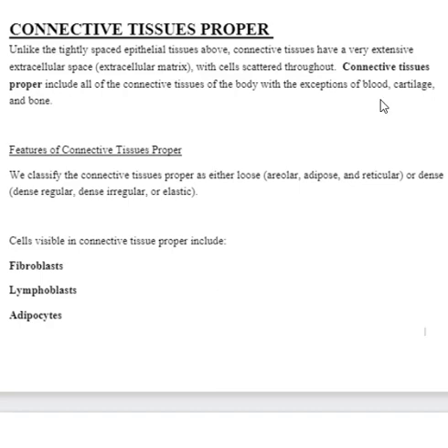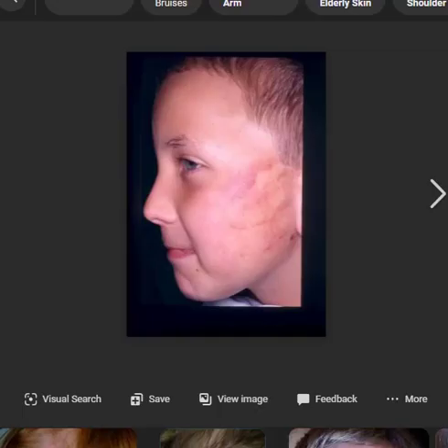So connective tissue is going to be blood, it's going to be cartilage, bone, your fat cells, mast cells. We're going to find out about what mast cells do, white blood cells. So all those things that don't fit in the skin, the muscle, and the nerve are connective tissue.